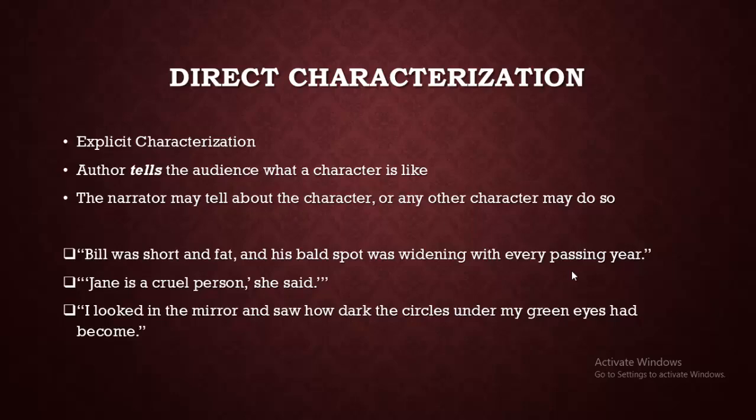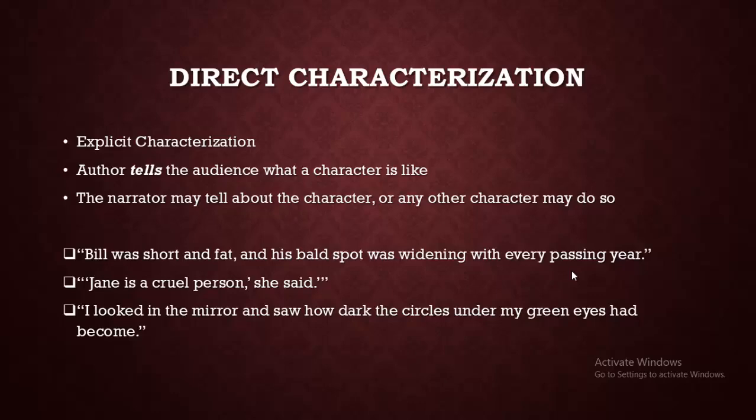Obviously, the writer has written the story, but the writer may have used a third-person narrator in the story, or the writer may have used a first-person narrator in the story, where a person is narrating or telling his or her own story to us. So that person may be one of the characters in the novel. So that character would be the narrator, whereas the writer is the author. So don't confuse the narrator and the writer of a story. The narrator may tell about the character, or any other character may tell us about some character, which would be referred to as direct characterization.